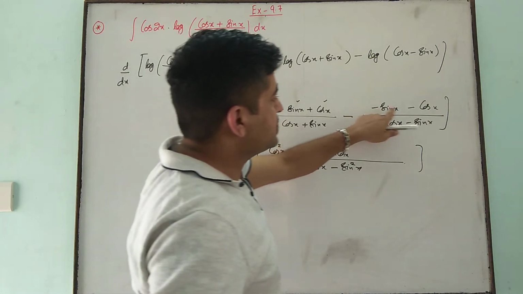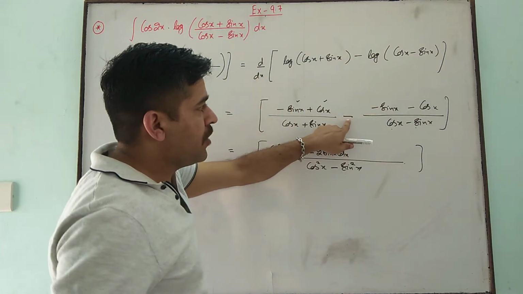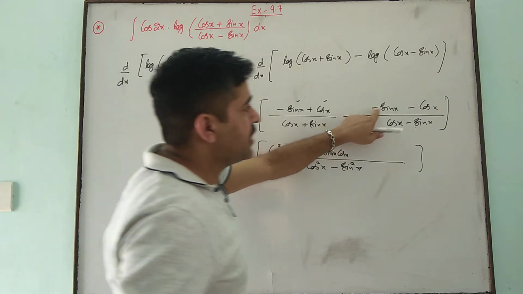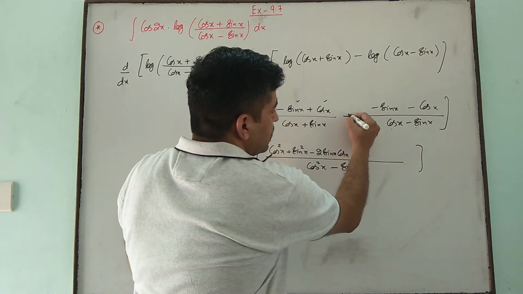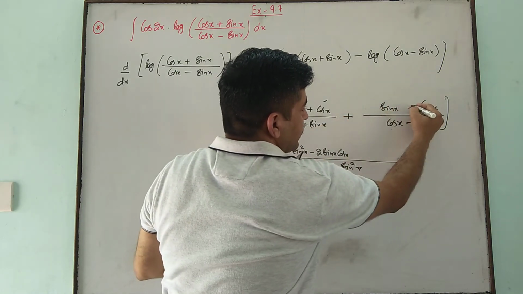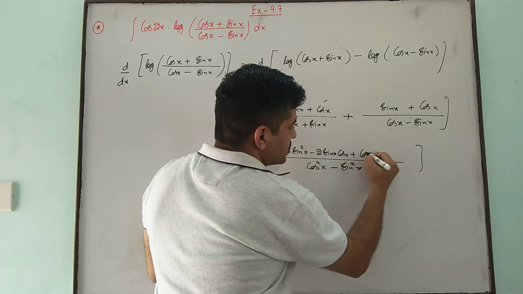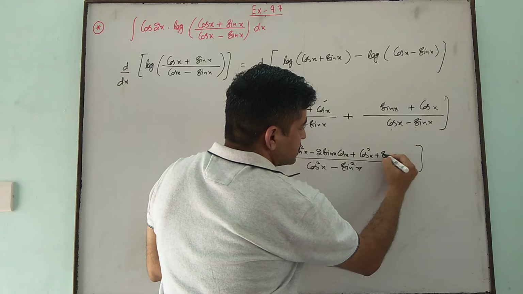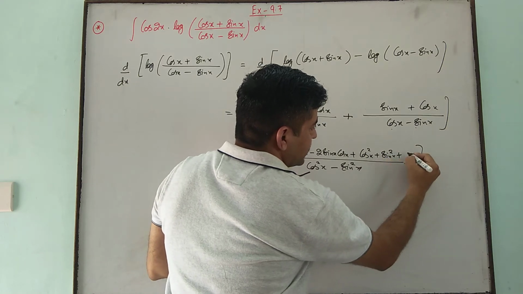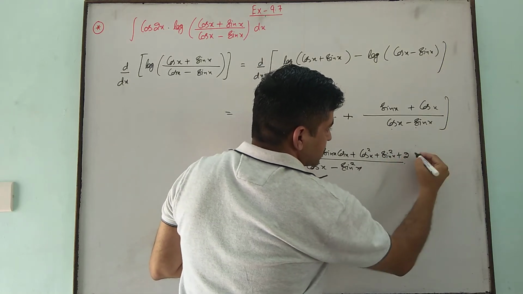And if you take the minus sign common here, this will be positive, right? Then this will be cos square x plus sin square x plus 2 sin x cos x.